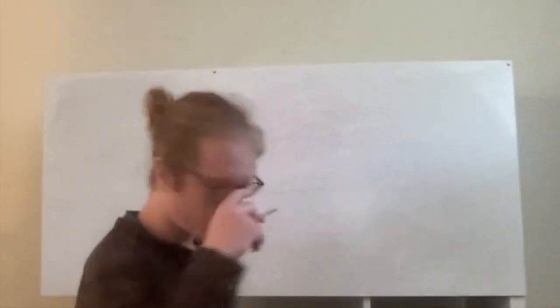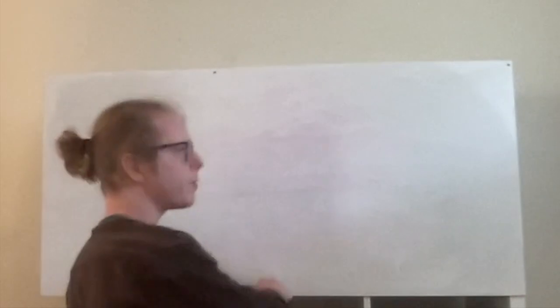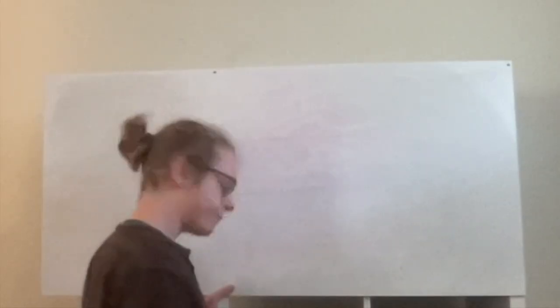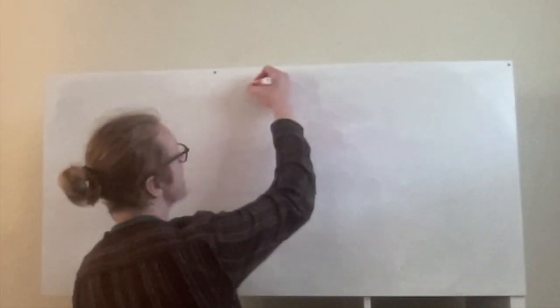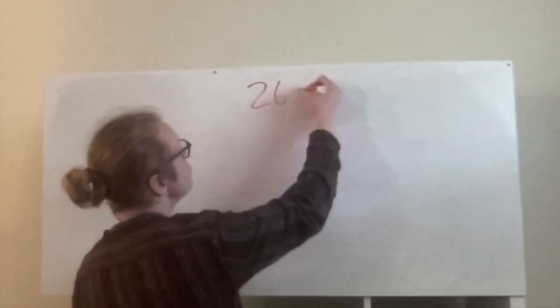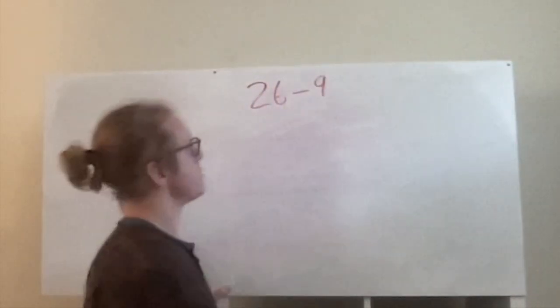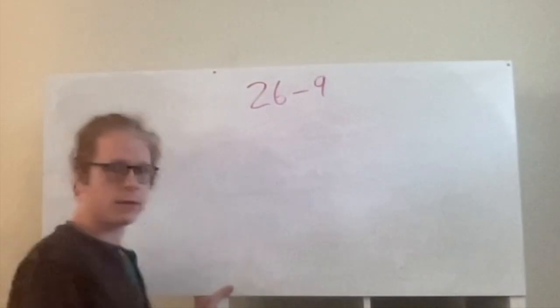Okay, so there are a couple other strategies and mental tricks that we can use to subtract numbers in our head more efficiently that I want to talk about. So this last example, we're going to solve two different but related ways. It's 26 minus 9.